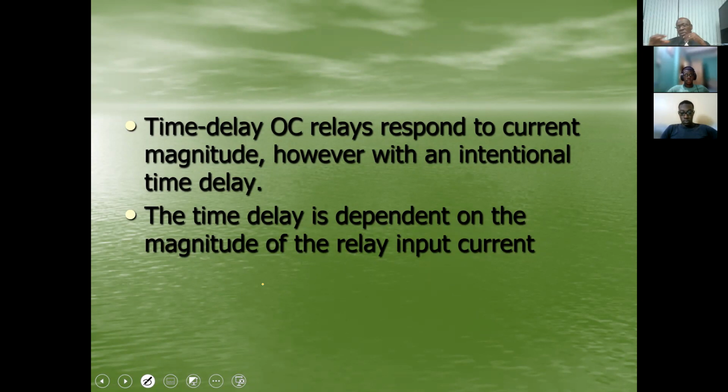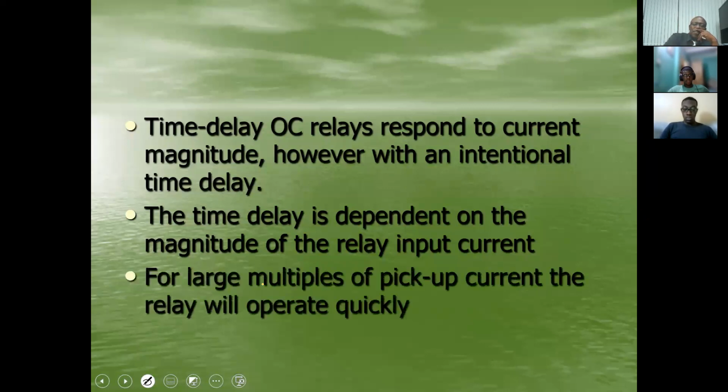All right. The one with the specific time attached really doesn't matter the magnitude above. It's going to operate in that particular space of time. Do you understand the distinction between three? So you have an instantaneous, you have one that has an inverse relationship, and then you have one that is given a specified time to operate.